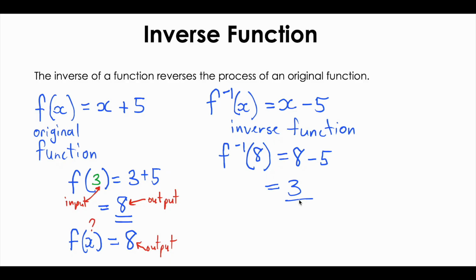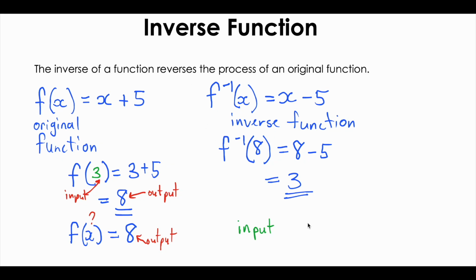Does that look familiar? Alright, so essentially, when we have an input and we place it into a function, we would get the output. Now, if we need to go back, we could take the output, put it inside the inverse of the function, and we would get our original input.